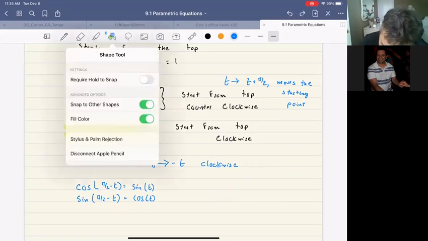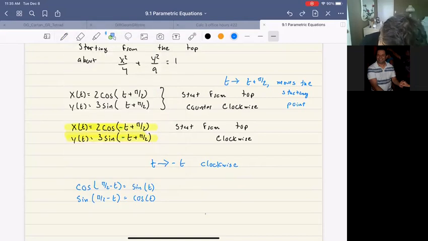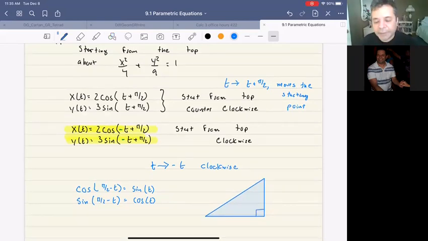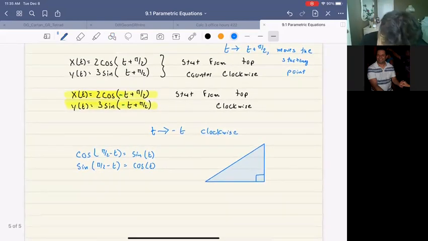Let's try that again. If I have a right triangle here, and this is my angle, and this is pi over 2 minus the angle, let's call the sides y, x, h.